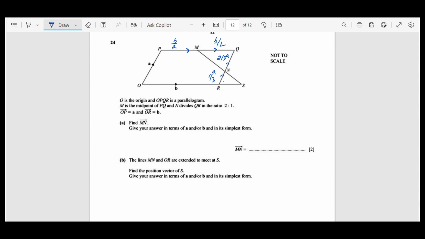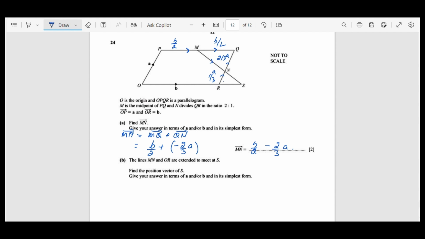Vector MN will be equal to vector MQ plus vector QN. Vector MQ will be B by 2 plus vector QN, which will be minus 2 by 3 A. So our answer will be B by 2 minus 2 by 3 A, right?